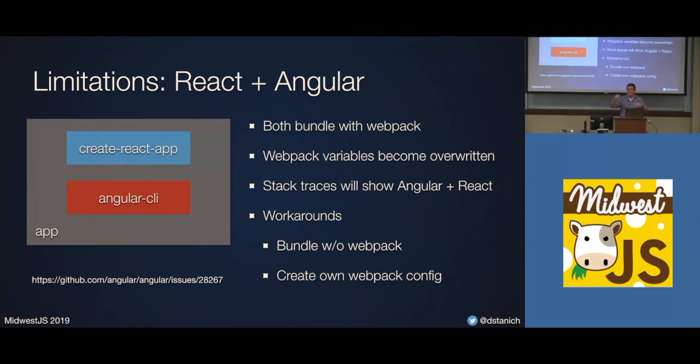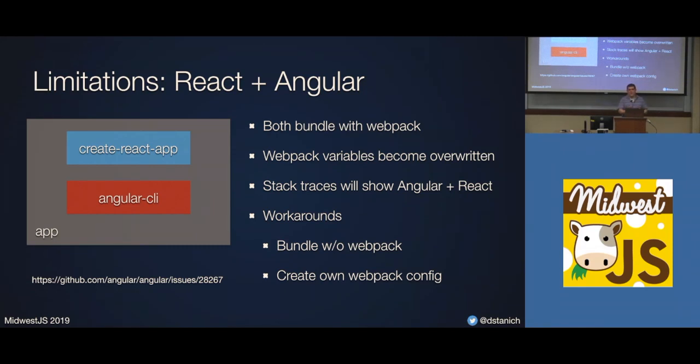You'll see Angular calls React, and then React calls Angular, and it's just this big garbage fire. Both Angular and React have issues on their GitHub about this. They're not setting this namespace variable, so it just uses default Webpack variables. The way to work around this is you either have to make your own Webpack config or use another bundling tool like Parcel, which I had mentioned. That's what I'm doing in this demo.